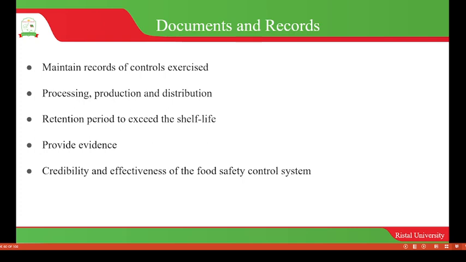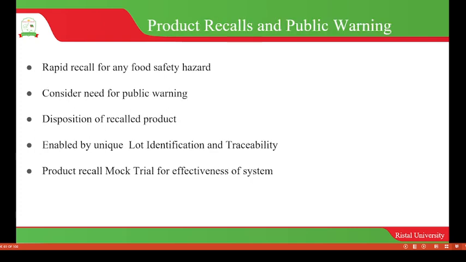Then the retention period should exceed the shelf life. We have to provide evidence, and the evidence can be provided when there is a record or documentation done. Then credibility and effectiveness of the food safety control system can also be ensured through documentation and record keeping.